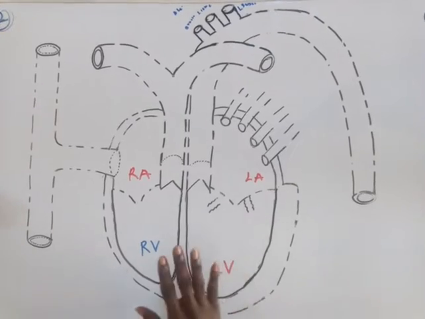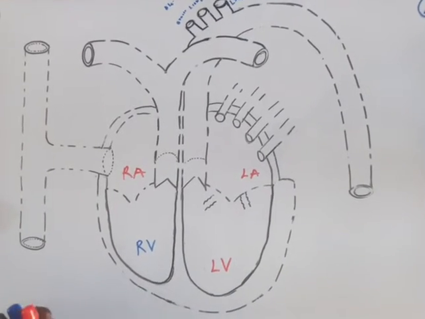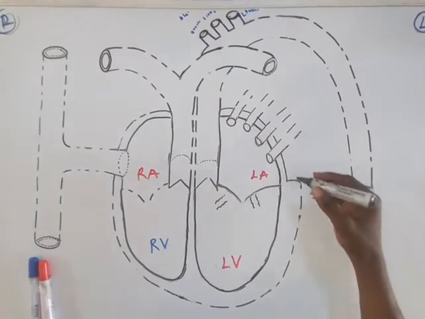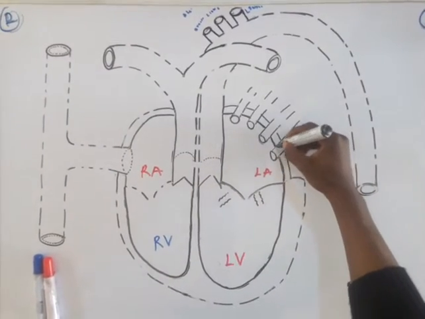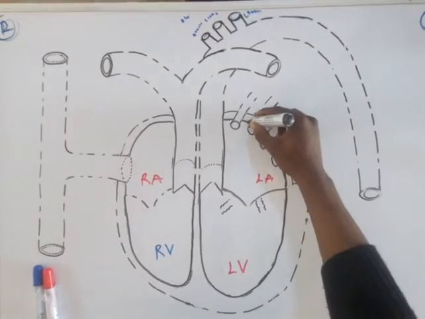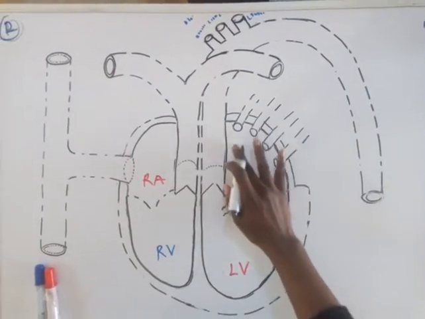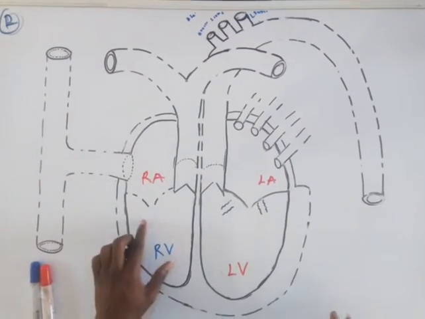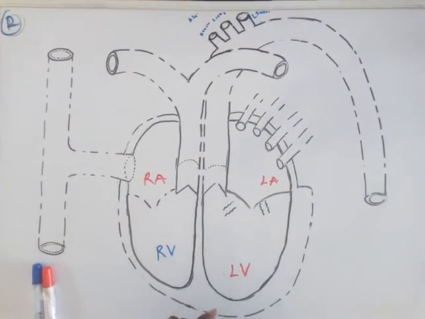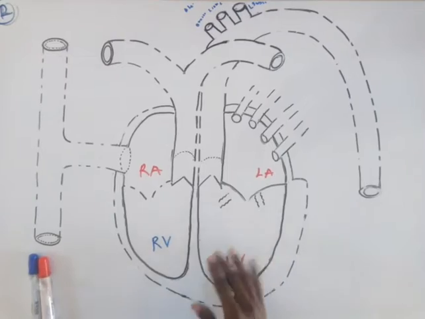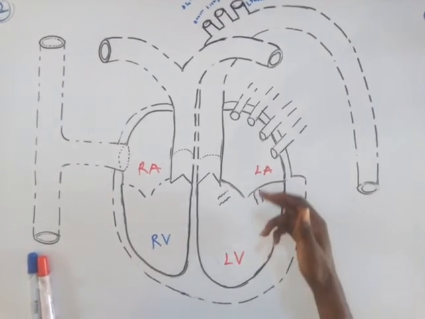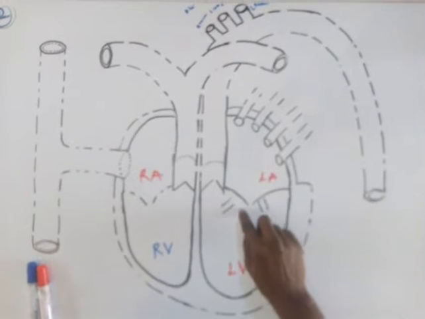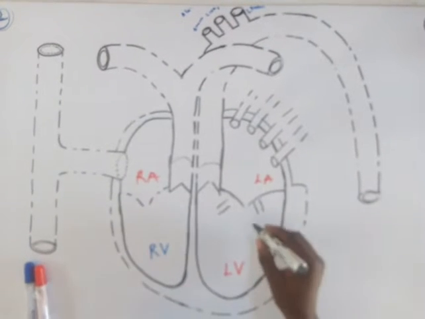So near the top, we find the left atrium and the right atrium. Near the bottom, we find the right ventricle and, on this side, the left ventricle. Now between these chambers there is a valve.